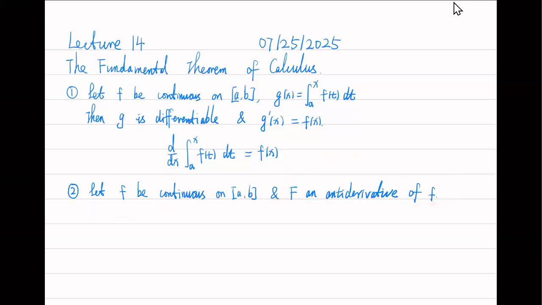Then we have the definite integral equals to the difference of the antiderivative at the two endpoints.